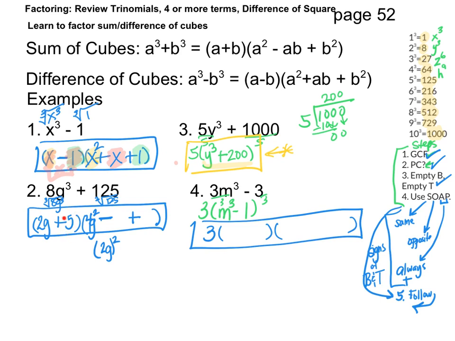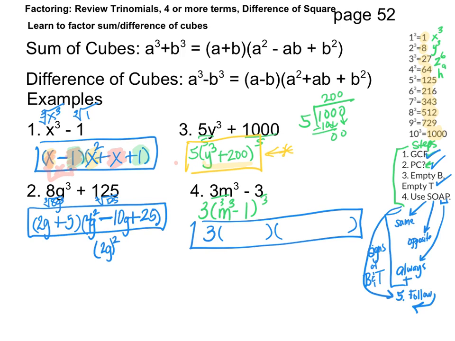So 5 squared is 25. That's what I put there. And then for the middle term, remember, you multiply these two. 2g times 5 is 10g. That's what I write in the middle. And that's the answer to number 2.